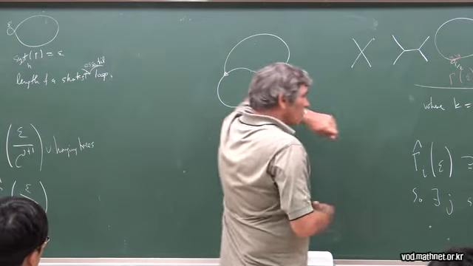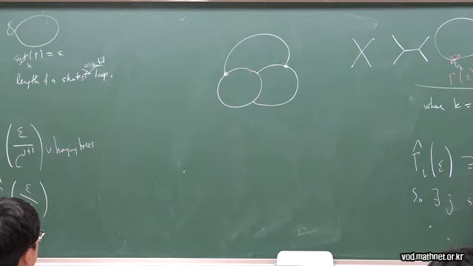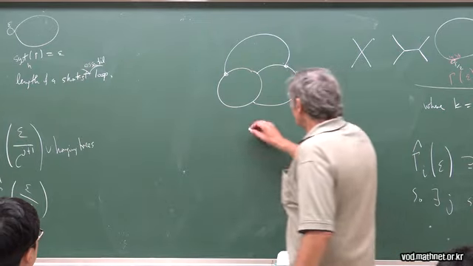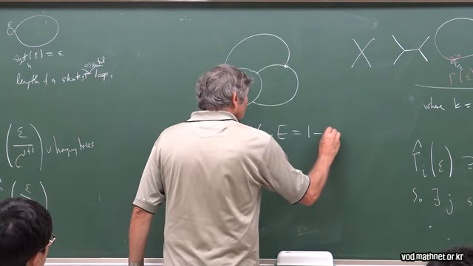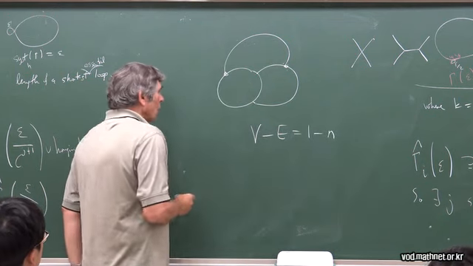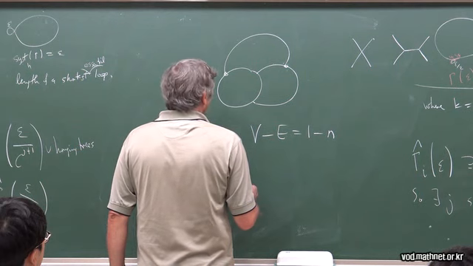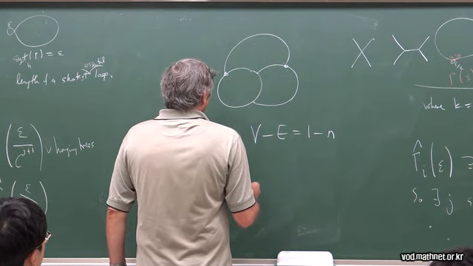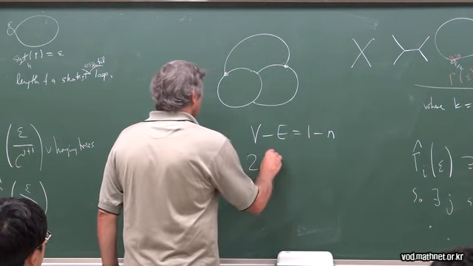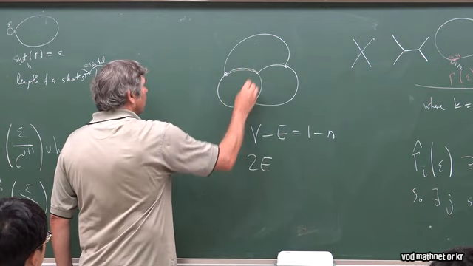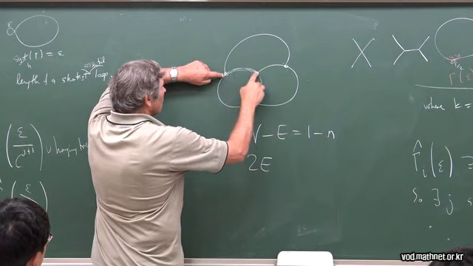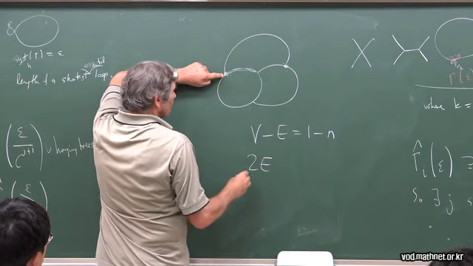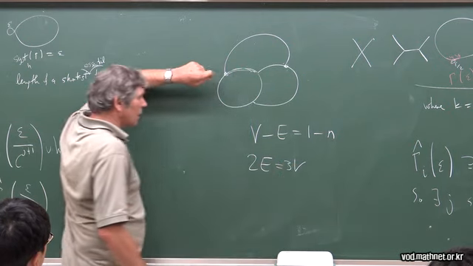But you can also formally do this using the Euler characteristic, right? You have the number of vertices minus number of edges is equal to 1 minus n, if n is the rank of the graph. But then also, you want to count the number of vertices. So 2 times the number of edges is equal to 3 times the number of vertices in this case.